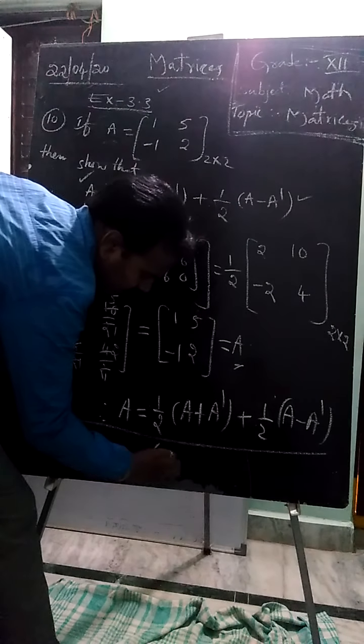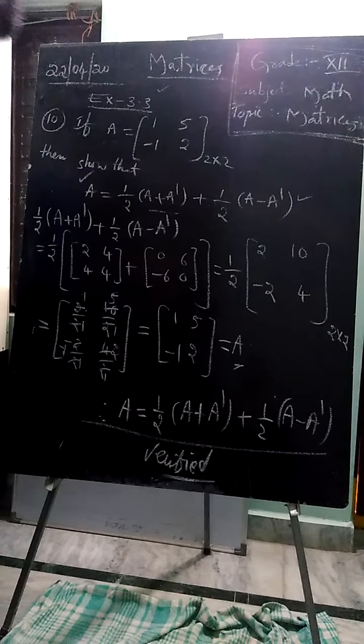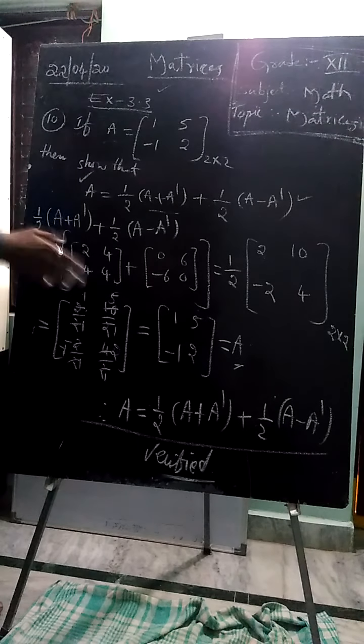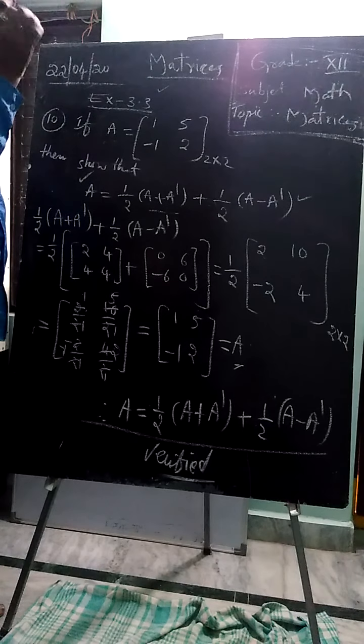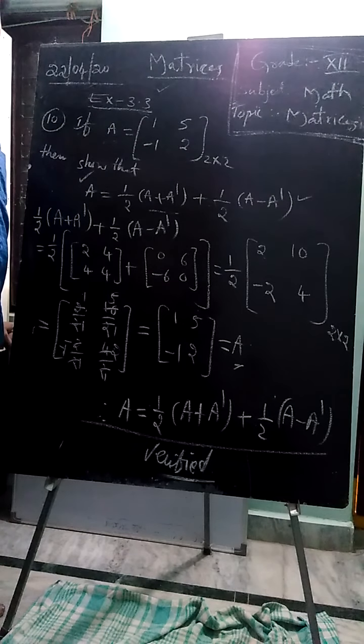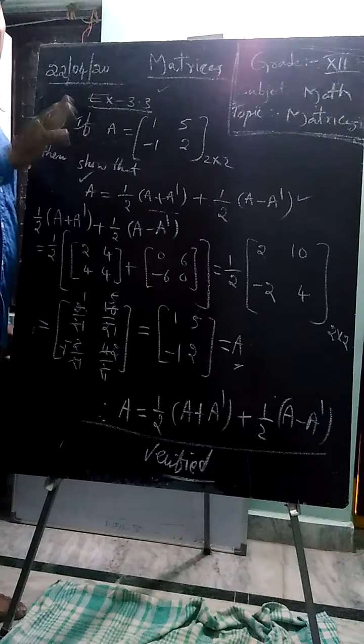So it's verified now. This is the way to prove, students. Just go through the problem, check and do it stepwise correctly, then you'll get the correct answer. One more time I'm saying, don't forget to revise each and every concept of this chapter.